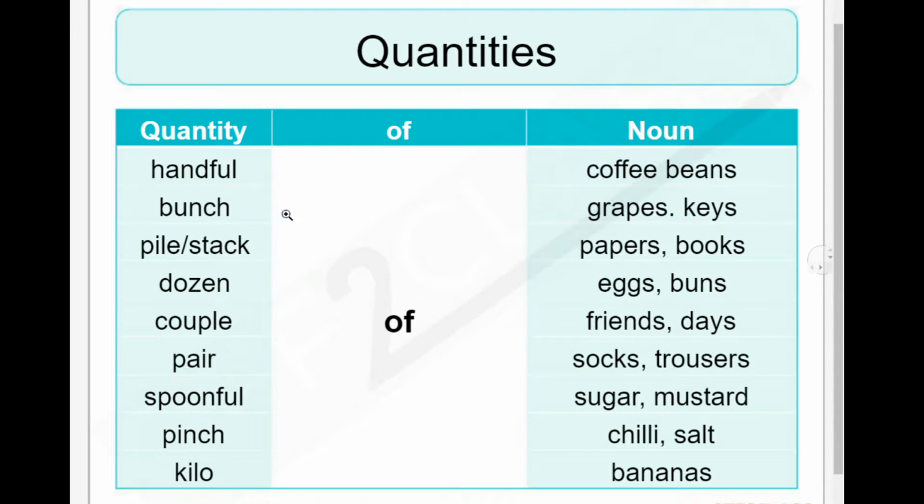A bunch of grapes or keys. Please repeat. A bunch of grapes or keys. Excellent. A pile or stack of papers or books. Please repeat.